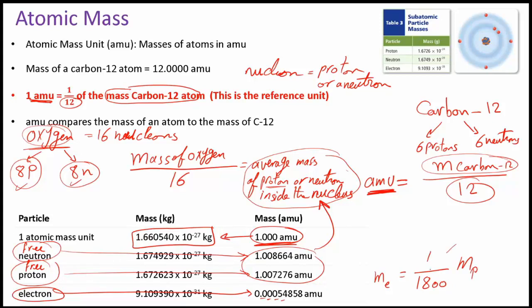So they usually neglect the mass of the electron in calculations. If we try to calculate the mass of the atom, usually we neglect the mass of electrons because it makes no difference. So this is not the cause or the reason. There is another reason. What is it?